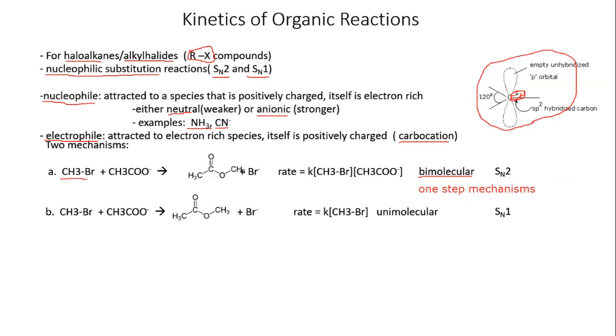Just for explanation purposes, another type of nucleophilic reaction we can have is SN1, which is a unimolecular 2-step mechanism. There are 2 steps in an SN1 reaction. The first step is the rate determining step, which forms what's called the carbocation. In the second step, the nucleophile attacks, and you get your substitution.